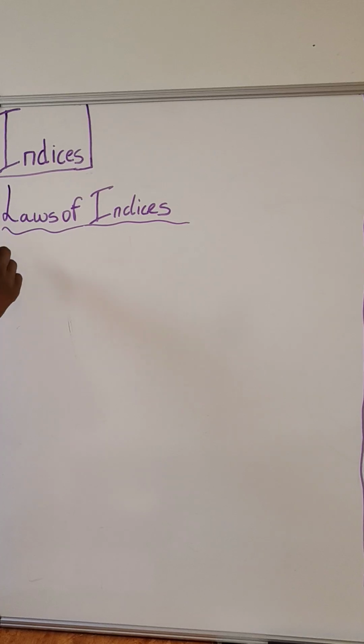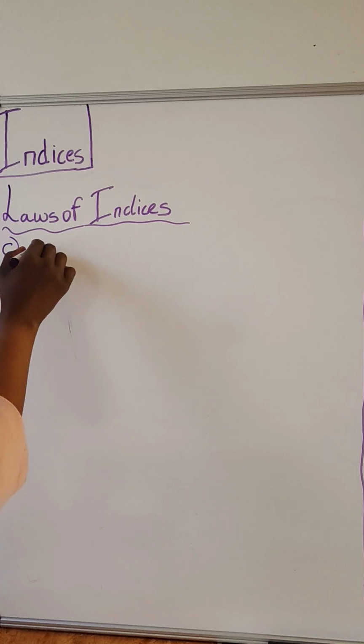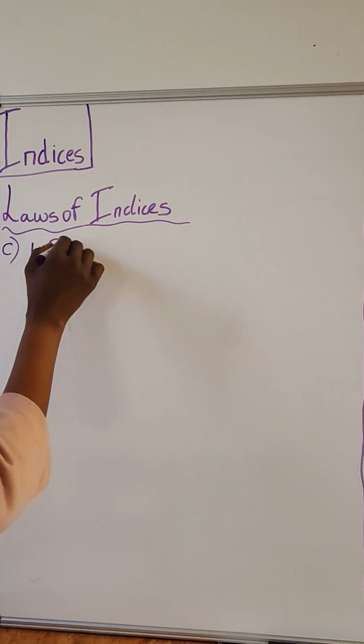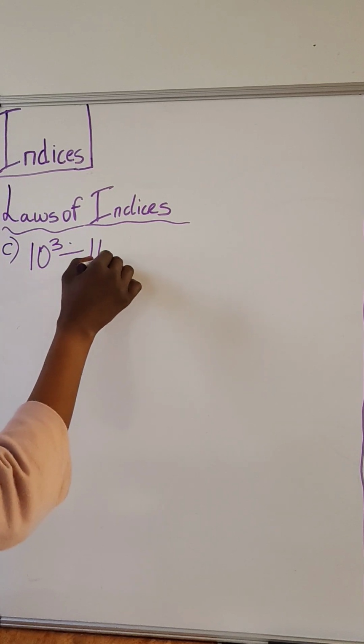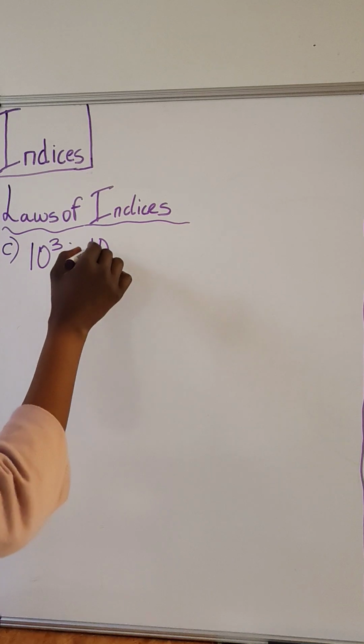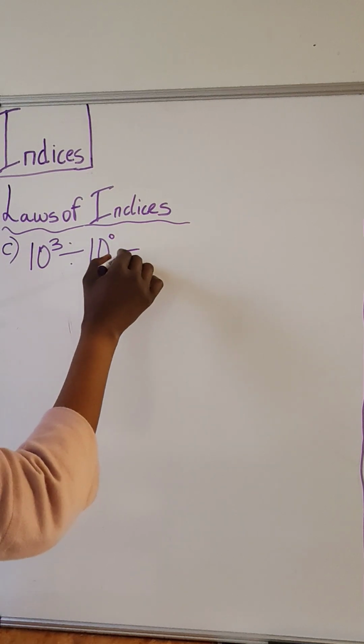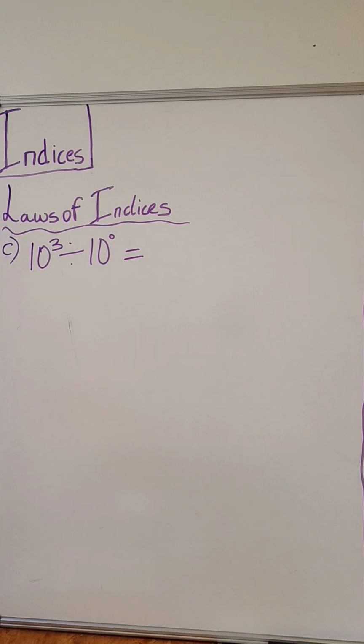So the third one, the letter C of the example, is 10 raised to power 3 divided by 10 raised to power 0. Viewers, if you look at this particular question, the division law will be used, and also the zero power law will be used.